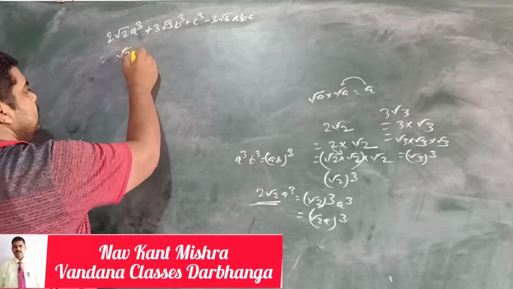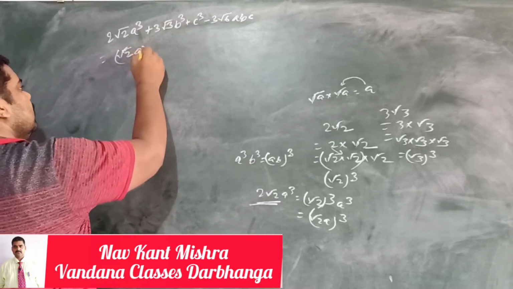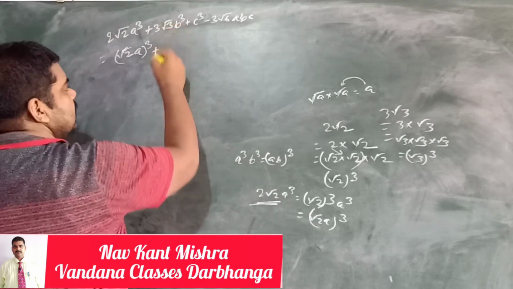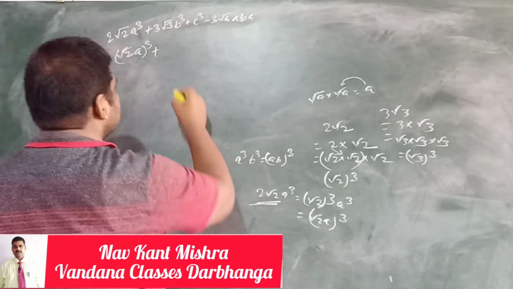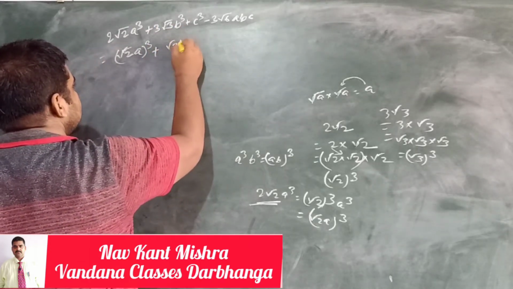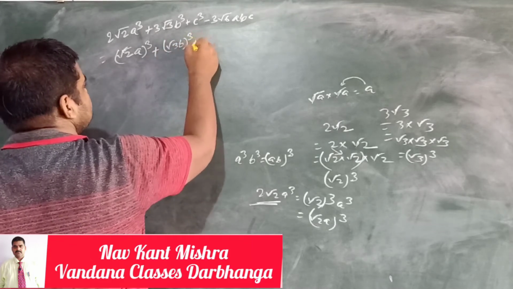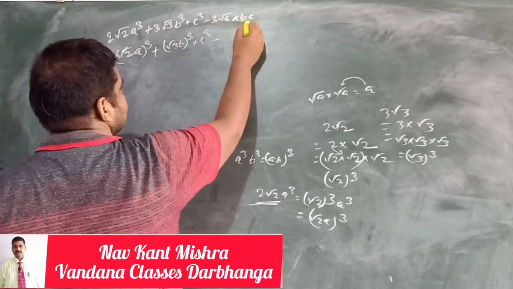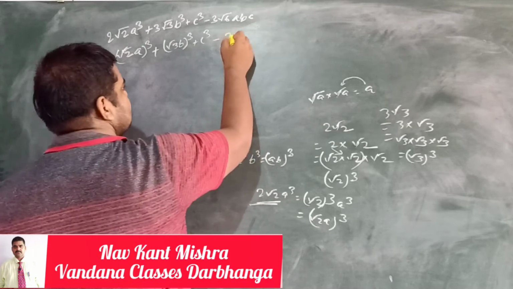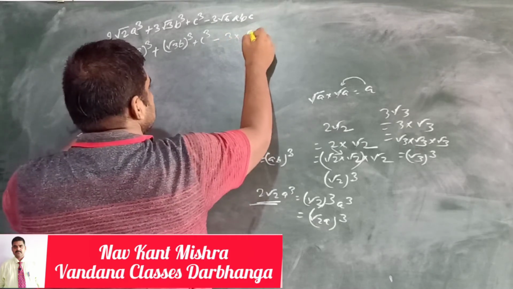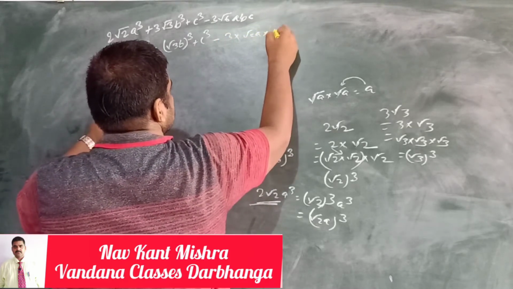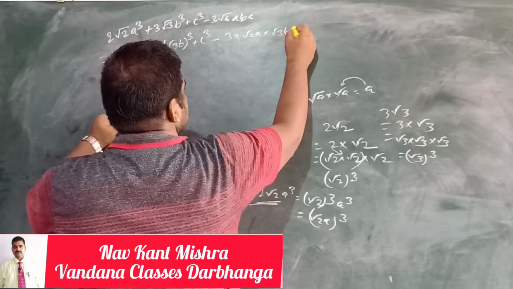It can easily be written as root 2a whole cube plus 3 root 3b cube, which can be written as root 3b whole cube plus c cube, and you have to rearrange it as 3 into root 2a into root 3b into c.